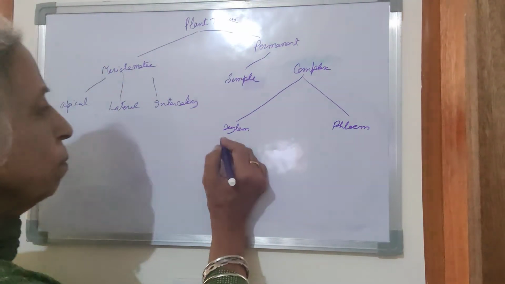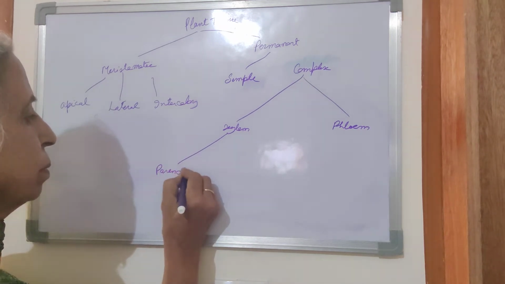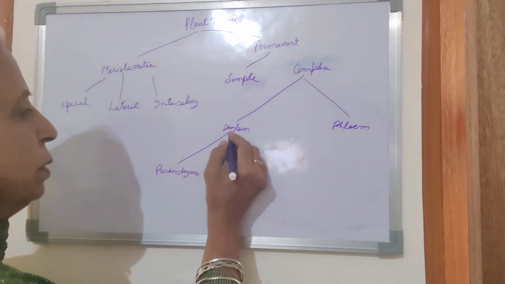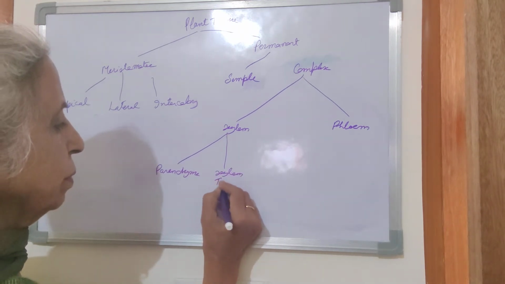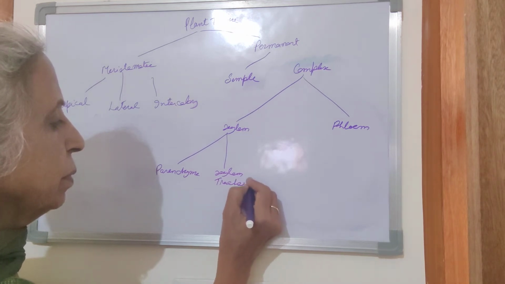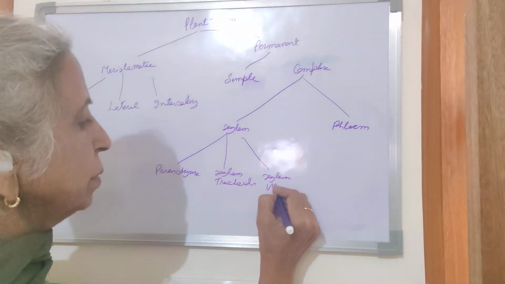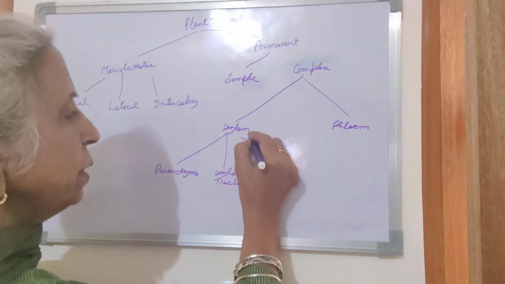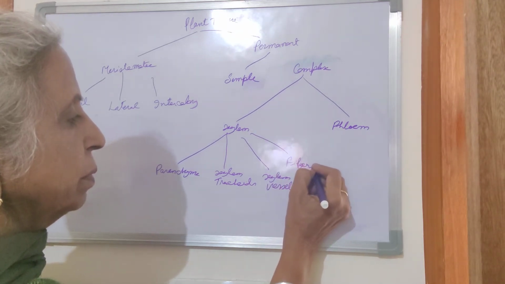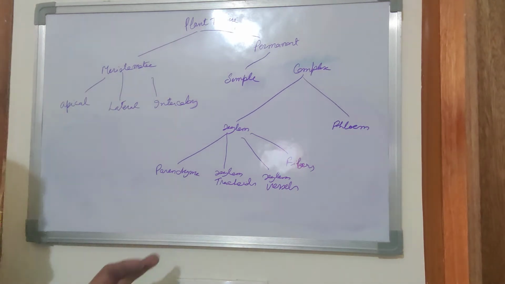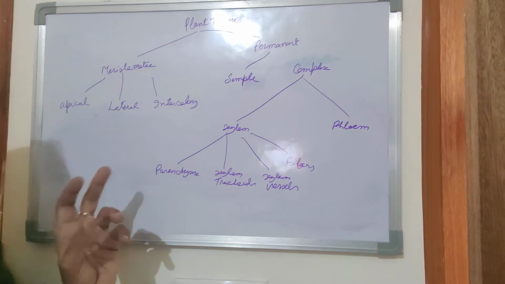Xylem consists of xylem parenchyma, xylem tracheids, xylem vessels, and xylem fibers. So xylem is composed of four types of cells: parenchyma, tracheids, vessels, and fibers.